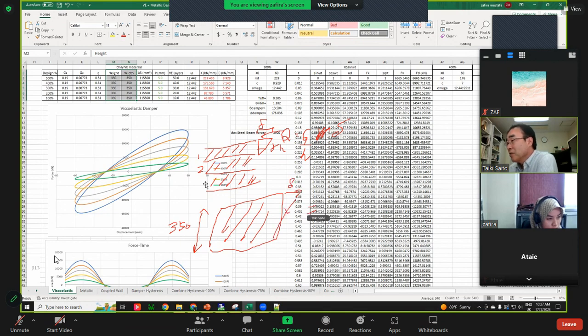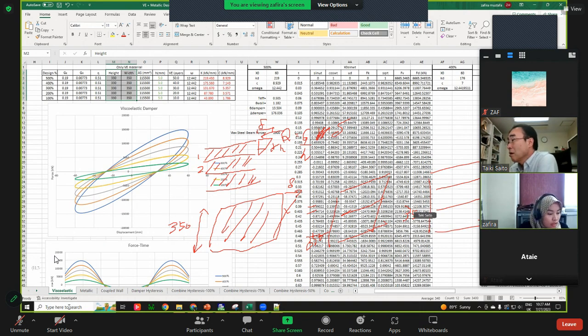And even if you divide into two layers, same 350, is the capacity different if you divide into two layers or three layers in the same thickness, 350? I think the capacity doesn't change.